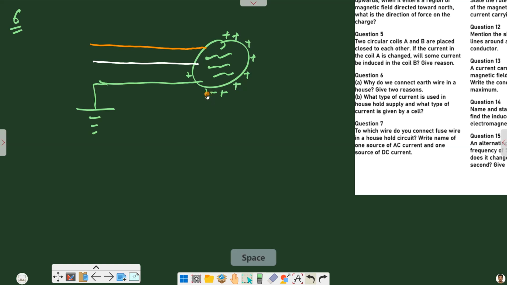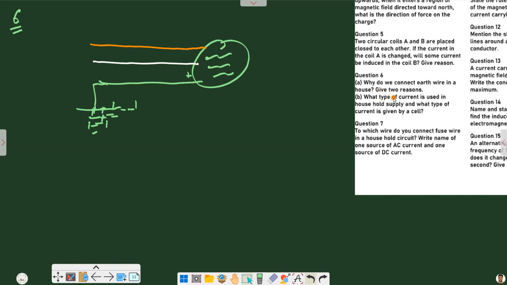So this whole current moves into the earth through this wire, and we are saved from any type of shock which could have happened to us if this wire was not there. So that's why the earth wire is necessary.